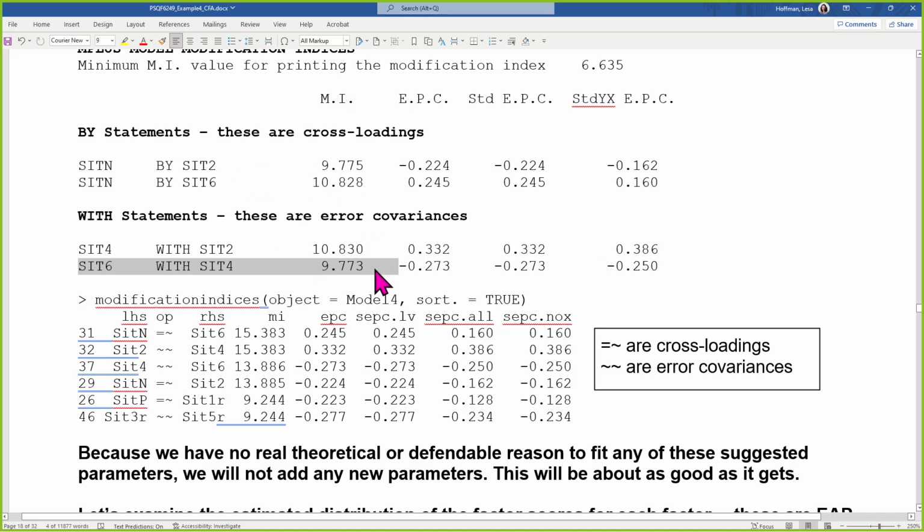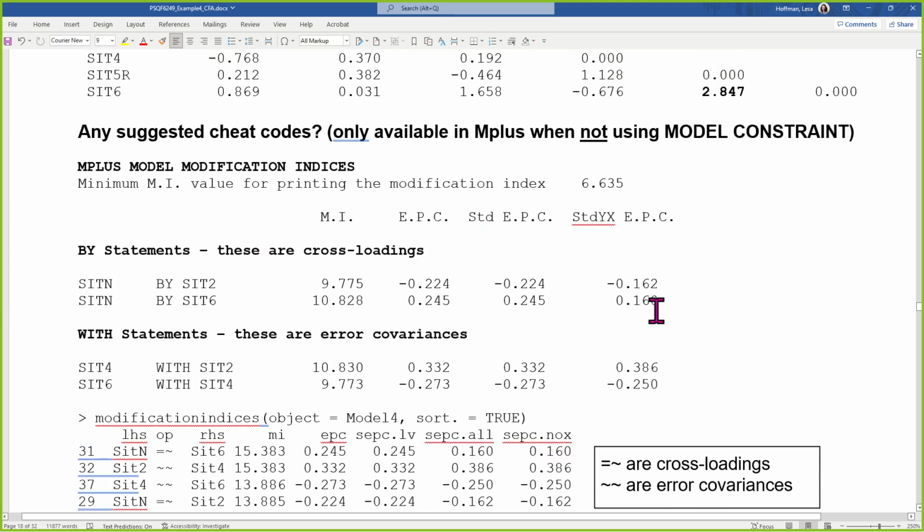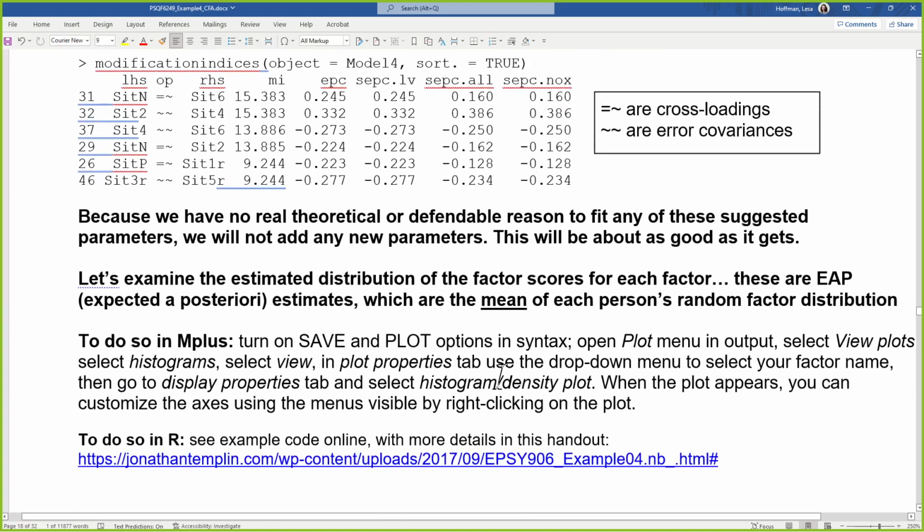So that one doesn't even make sense based on the wording. But if you have an item that has a lot of error covariances that it wants with something on the other factor, a cross-loading can solve that problem. But I don't have any rationale that I could defend as to why I would add these things, particularly the cases where the loadings would be negative. And so I'm not going to add it, and I'm going to call it good.